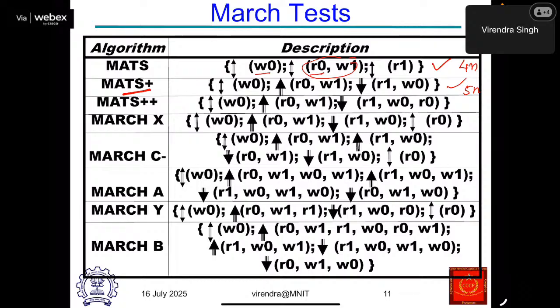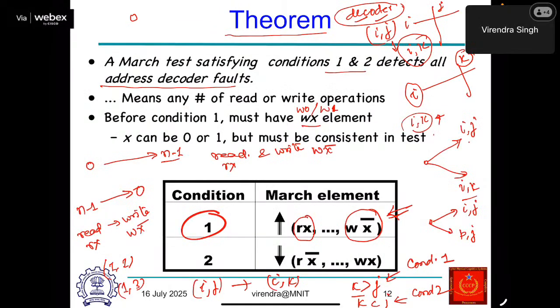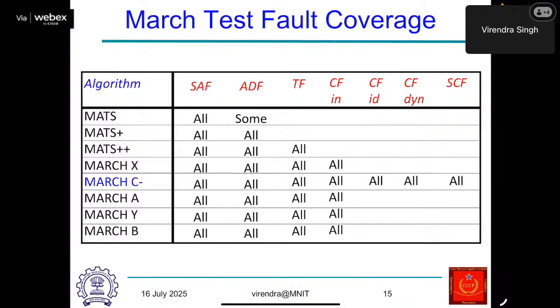So now if you look at this, the MATS plus is a 5N test that can also detect this one. So this table summarizes that MATS can detect all the stuck-at faults, some of the address decoder faults, and also some of the transition faults in the circuit.